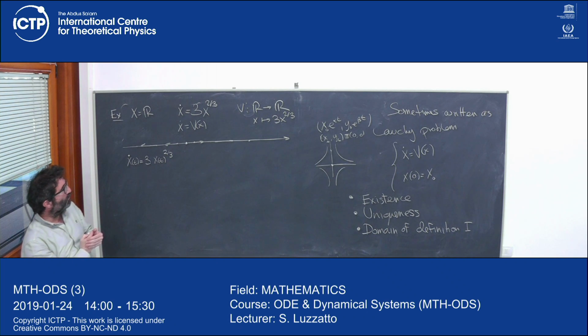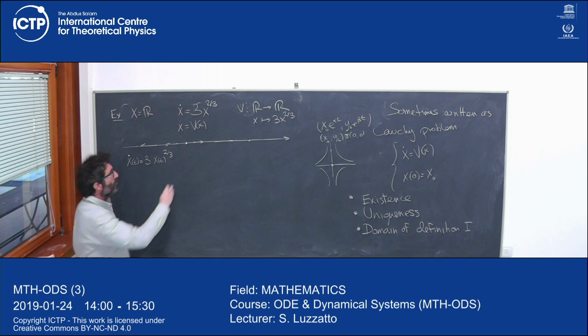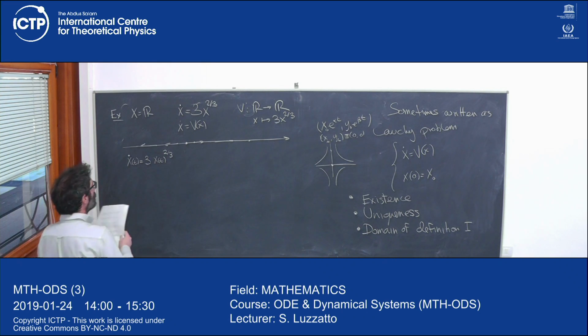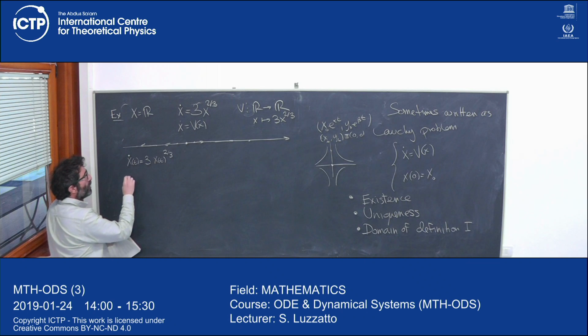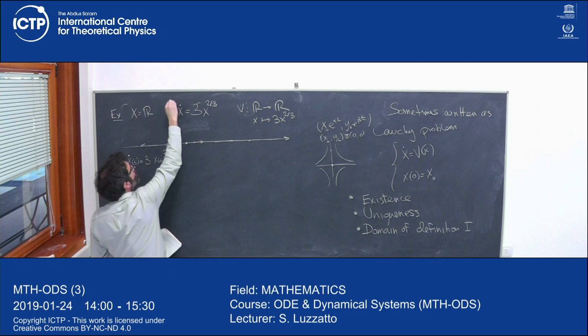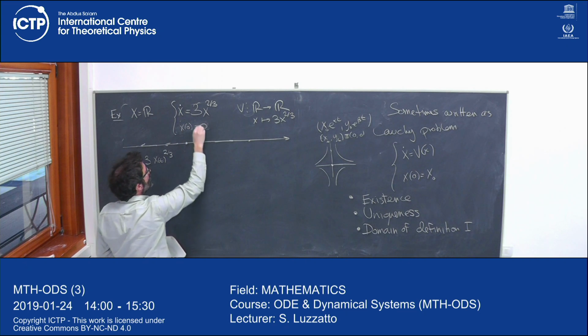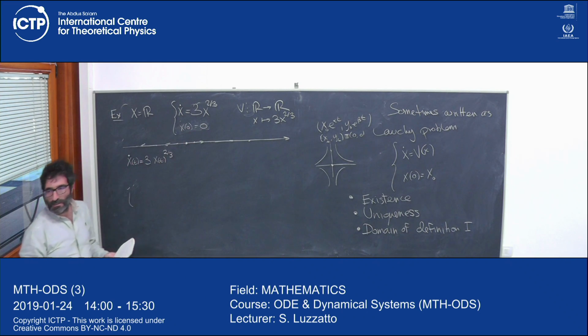The example I'm going to give is that there exist two solutions. Let's suppose that we want to solve the Cauchy problem with initial condition x of 0 equals 0 in this case.